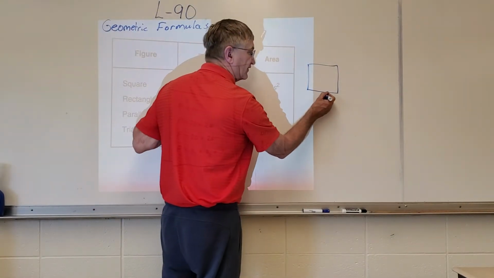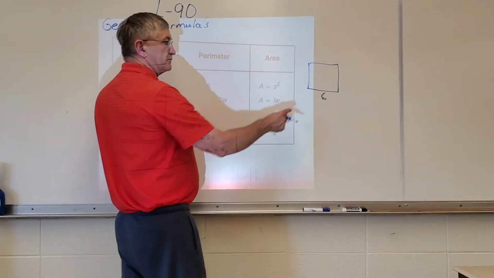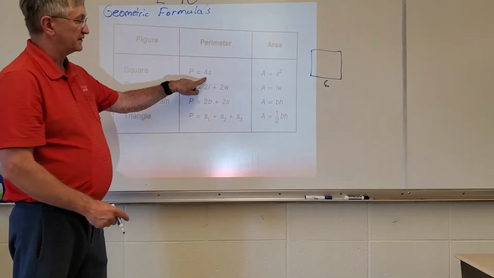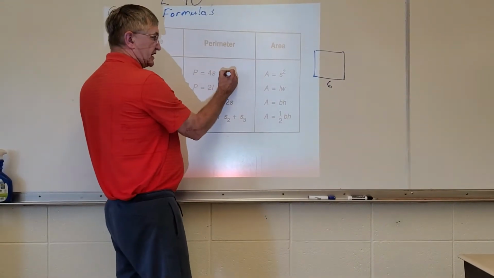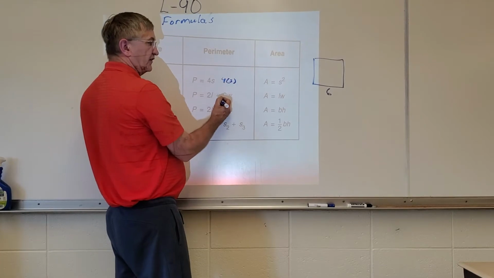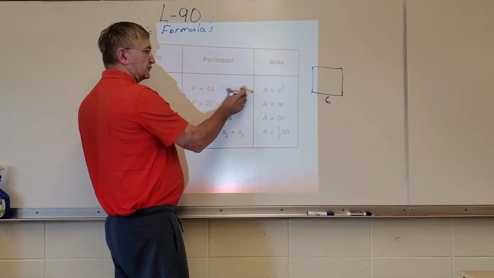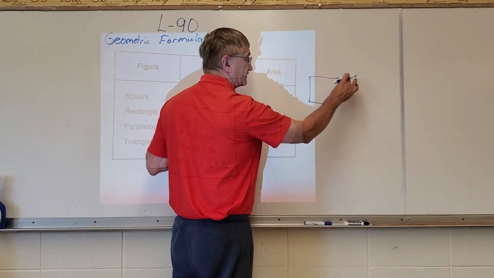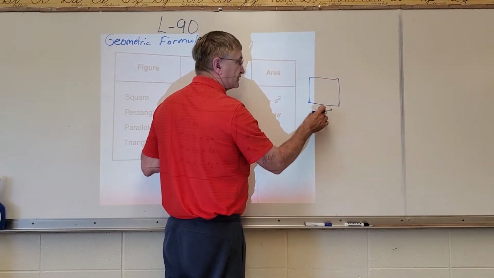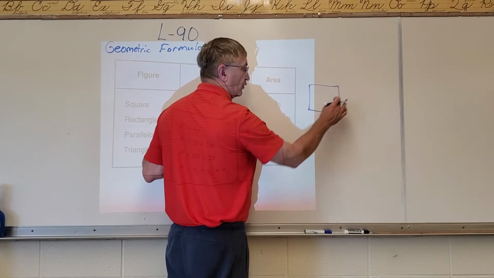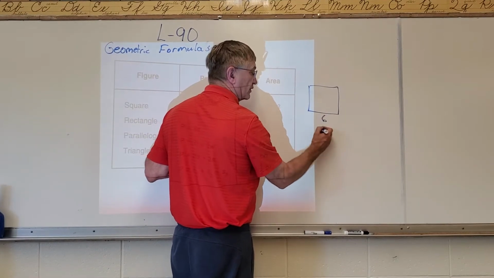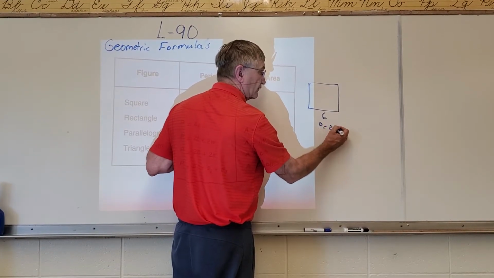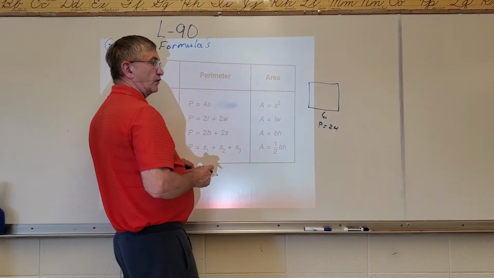So if a side is 6, I multiply it times 4. Remember, this is 4 times S, 4 times a letter, or in this case, number. So we have 4 times 6, which means there are 4 sides, 1, 2, 3, 4. 4 times 6, so the perimeter equals 24.